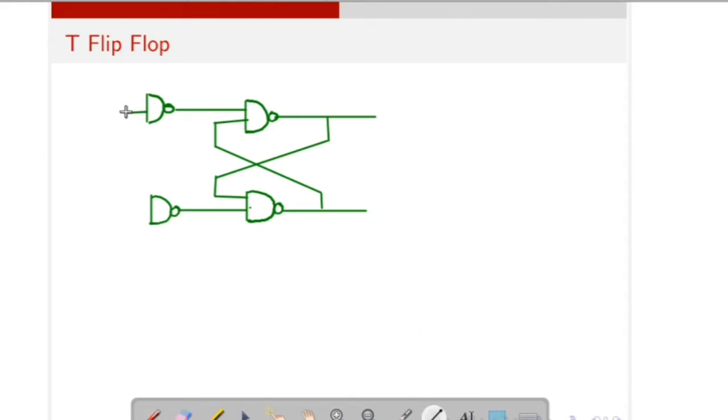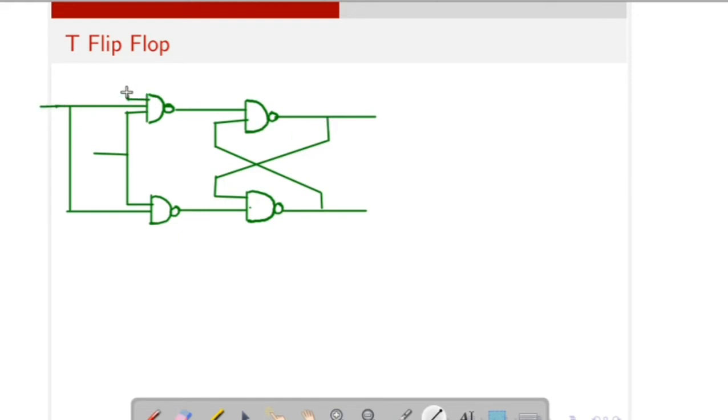Then we give clock signal to this active high SR latch. Okay, so this is a flip-flop. So the inputs J and K. Okay. Then in T flip-flop, these inputs are connected together, so that there is only one input for T flip-flop.